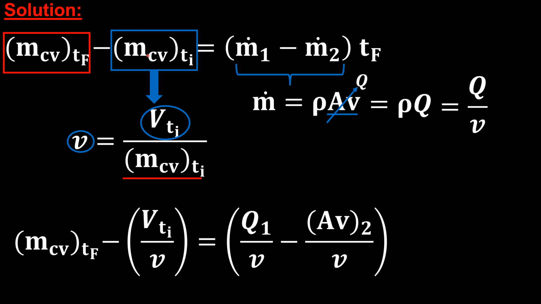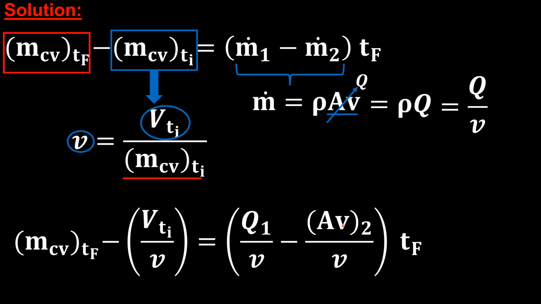So now what we did in here is we rewrote this equation. We said that the initial mass can be solved by taking the initial volume and dividing it by the specific volume. And regarding pipe 1, or inlet, we can find the mass flow rate by taking the volumetric flow rate and dividing it by specific volume.